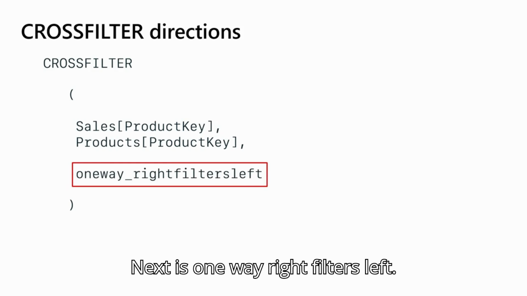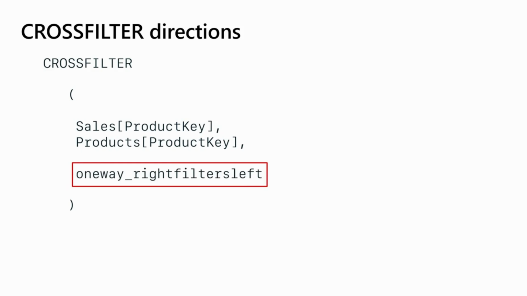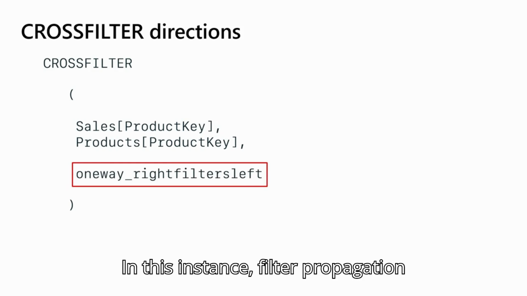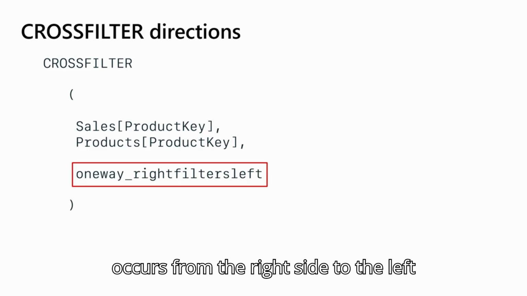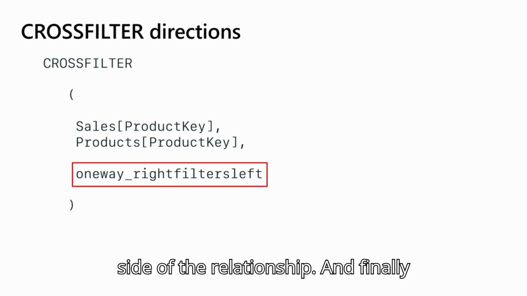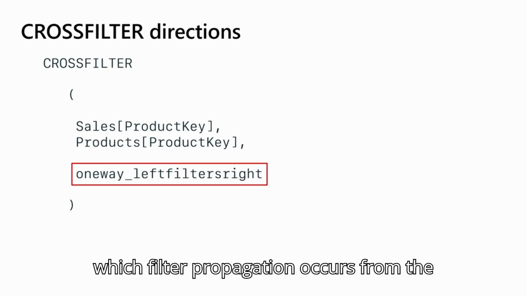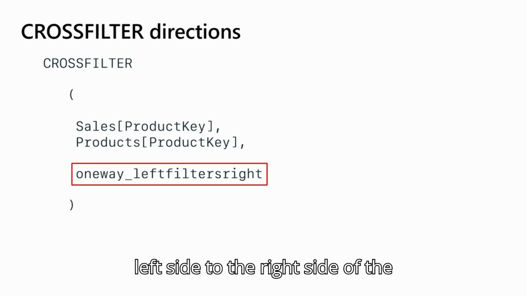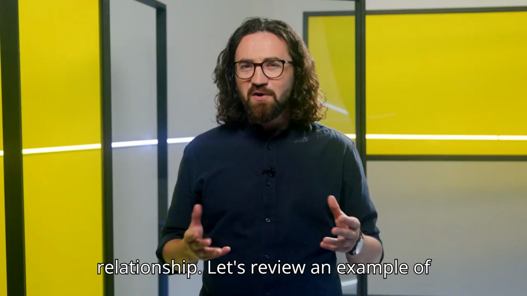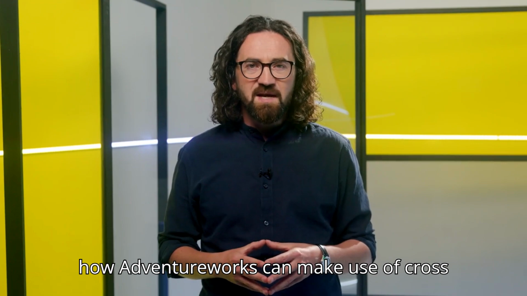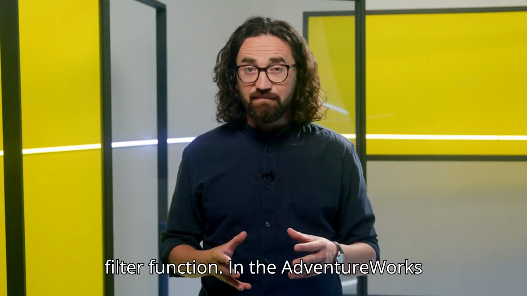Next is one-way right filters left. In this instance, filter propagation occurs from the right side to the left side of the relationship. And finally, there's one-way left filters right, in which filter propagation occurs from the left side to the right side of the relationship. Let's review an example of how AdventureWorks can make use of the cross-filter function.